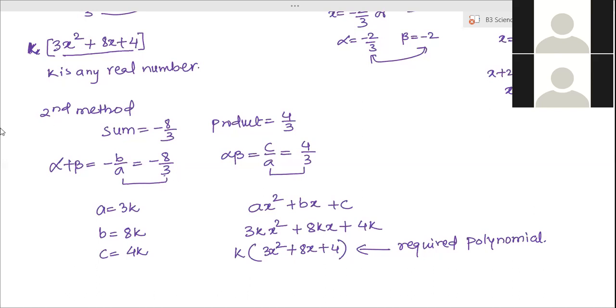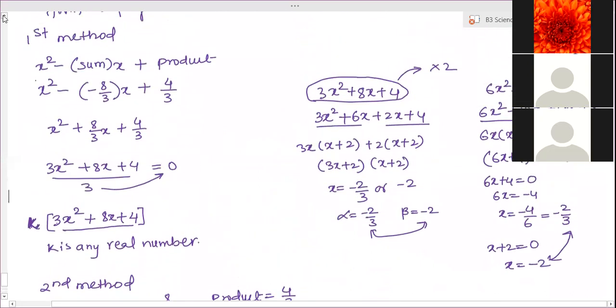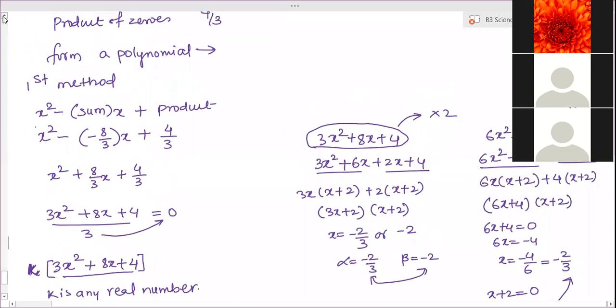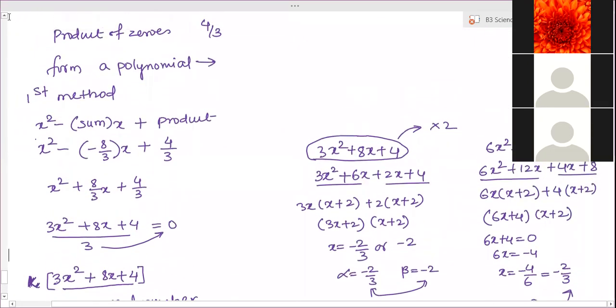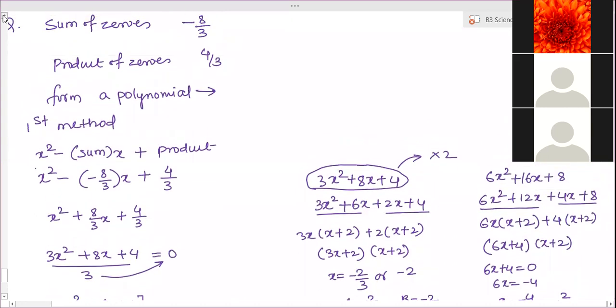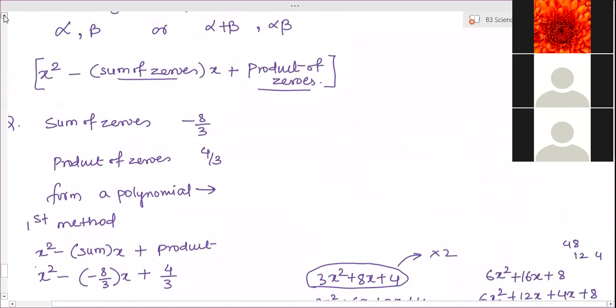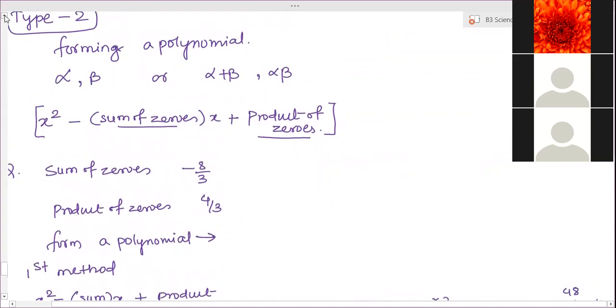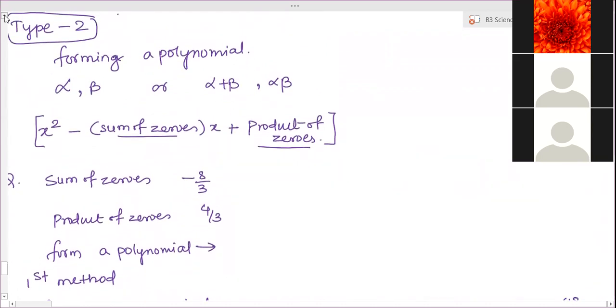Clear everyone, these methods? Both the methods? Yes, ma'am. Whichever method you find easier, you can use. Right from here, type 2, forming a polynomial.